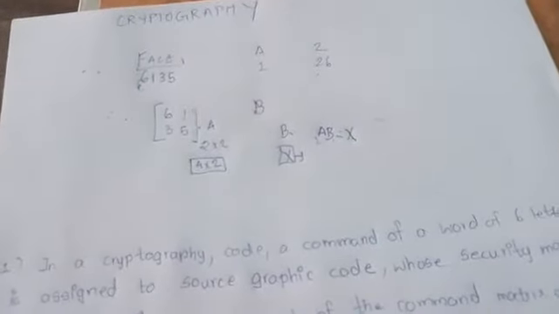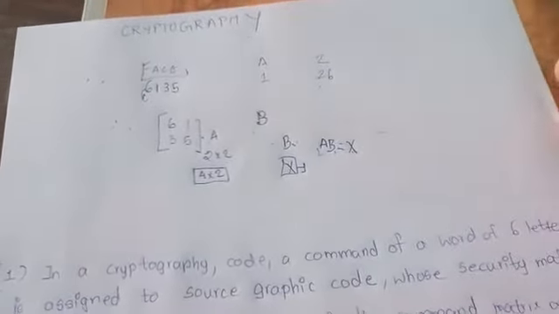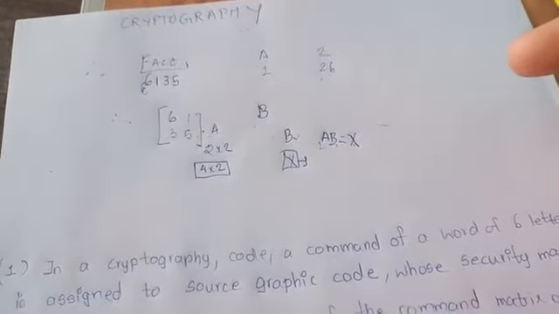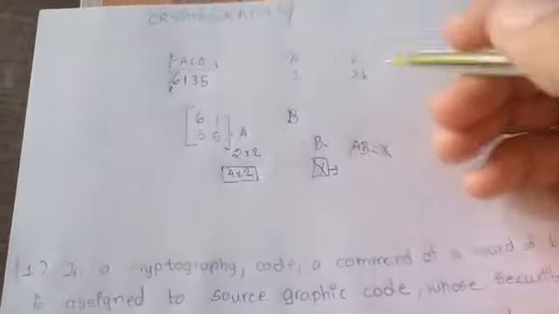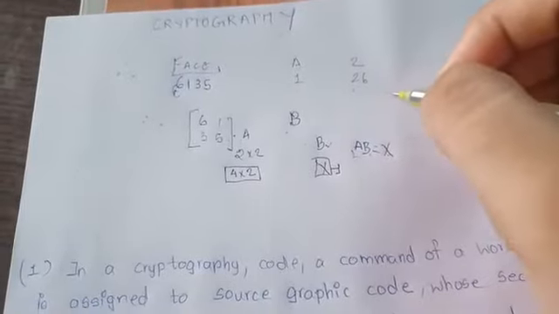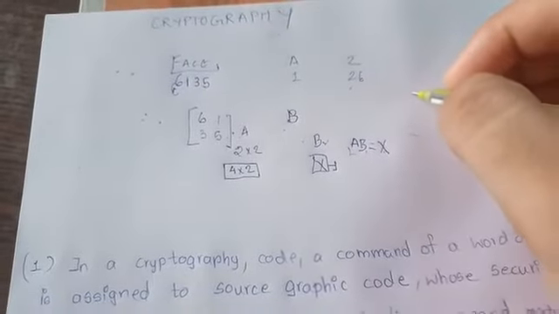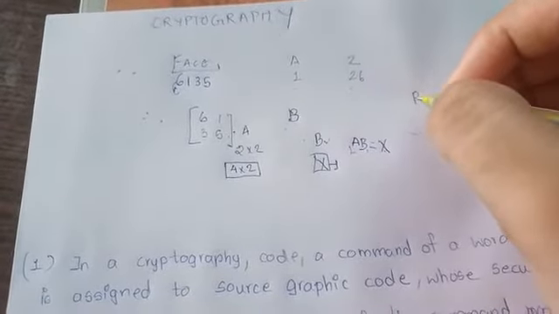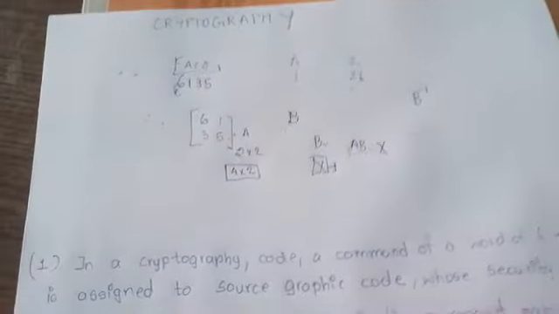Now, when a relevant user tries to access this file, he is given a code which is exactly the inverse of the security matrix, which is B inverse.